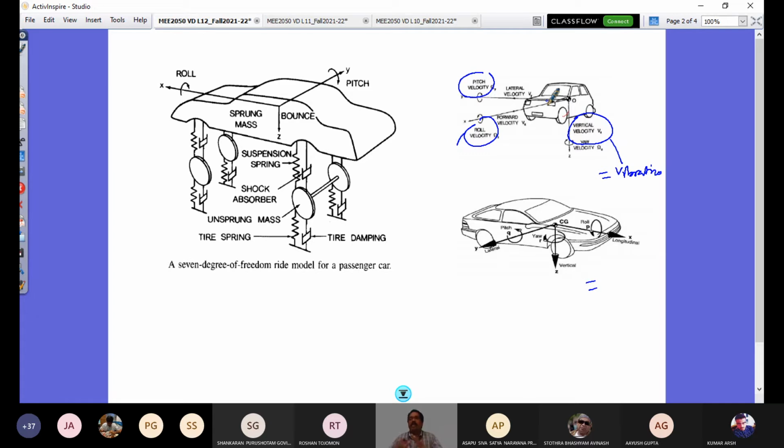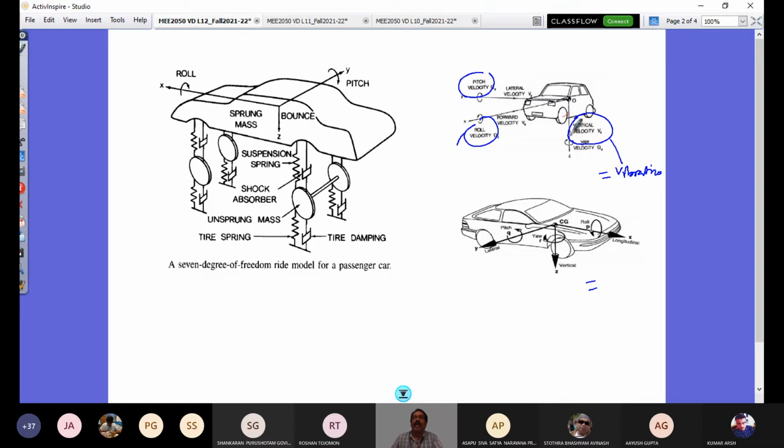And that is not required at this point to start understanding ride dynamics, because you only need to understand some of the important motions, and that is sufficient to talk qualitatively about ride comfort, the perception of vibration. What are those? Those are only motions like pitch motion, roll motion, or bounce motion of the vehicle.